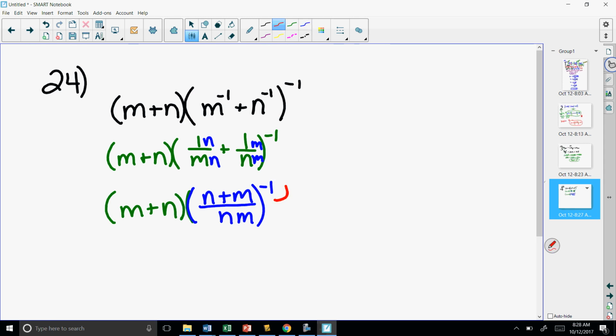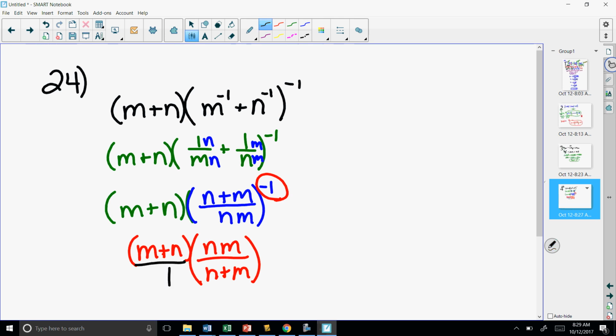What does that negative exponent mean? Reciprocal. So then I have m plus n times nm over n plus m. I can put the first fraction over 1. You can cancel m plus n, and you are left with nm.